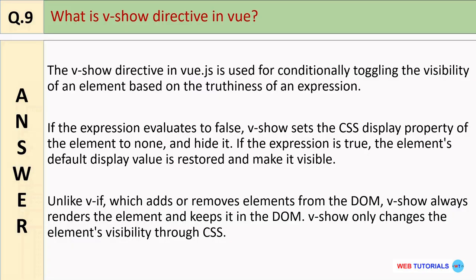If the expression is true, the element's default display value is restored and it becomes visible. Unlike v-if, which adds or removes elements from the DOM, v-show always renders the element and keeps it in the DOM. v-show only changes the element's visibility through CSS.